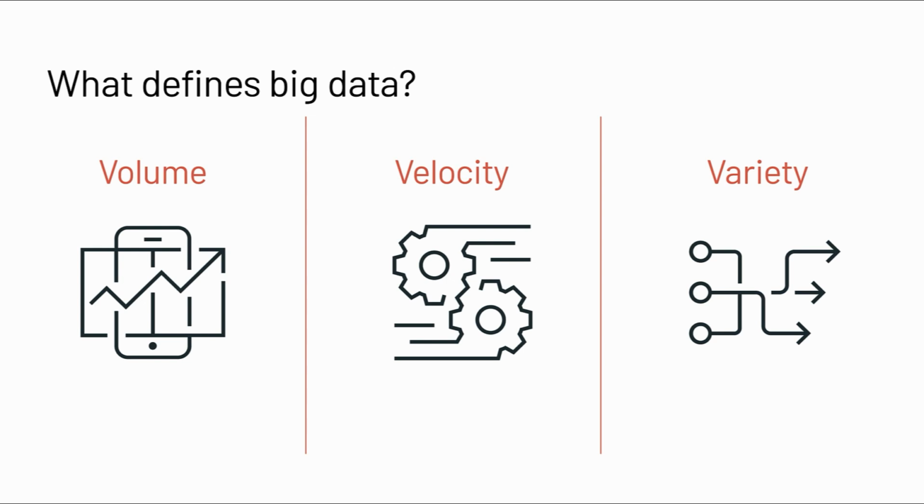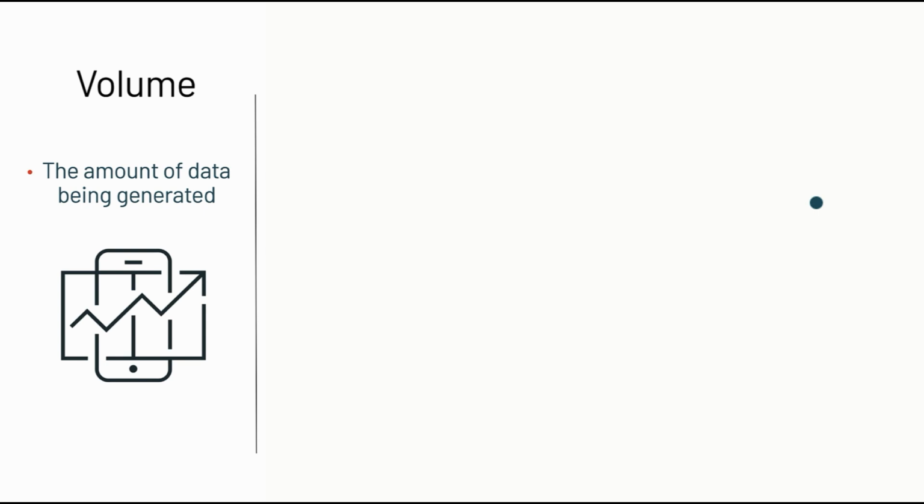Now, depending on who you're talking to, these V's can change. Sometimes there are other ones that people use to describe big data. In this course, we'll just stick to these three. I think it gives a pretty comprehensive overview of what we're talking about. So we'll start with volume. Volume refers to the incredible amount of data being generated every second of every day.